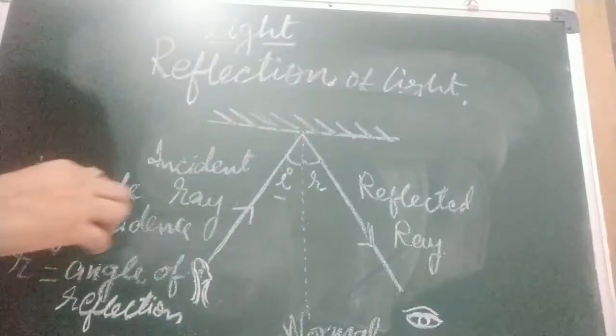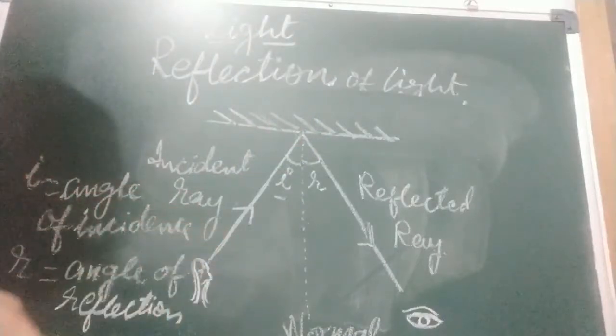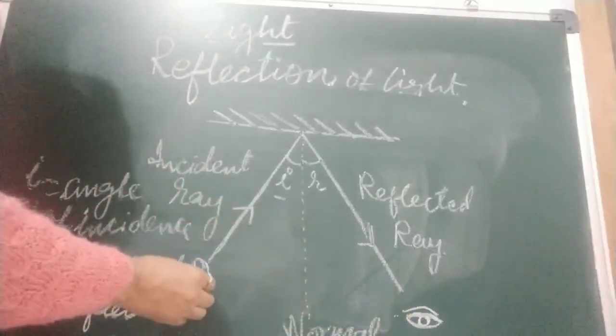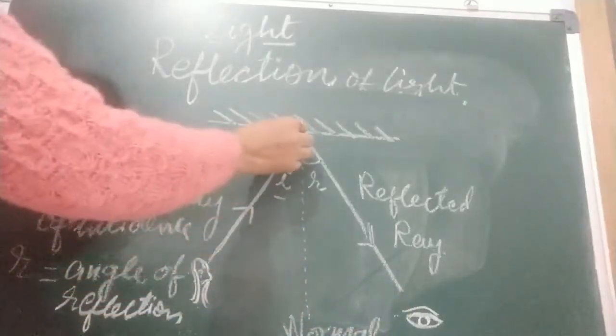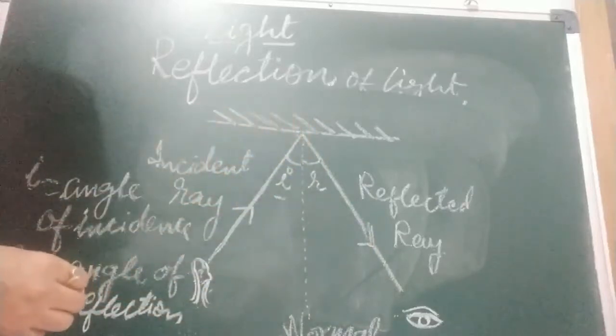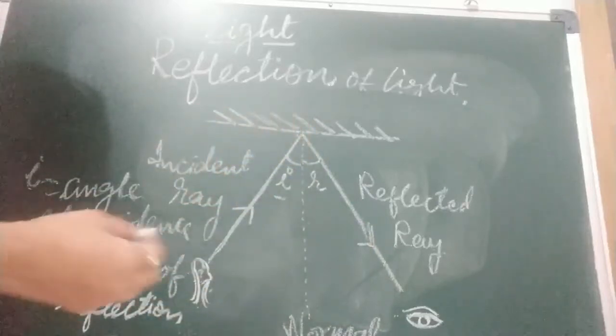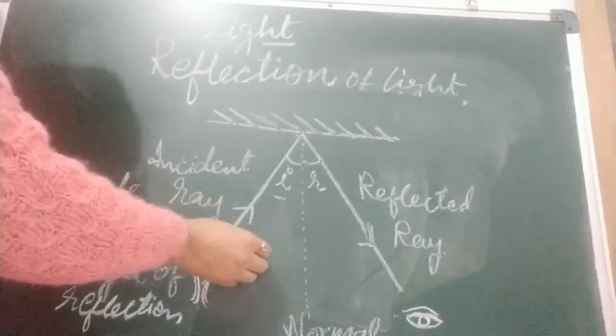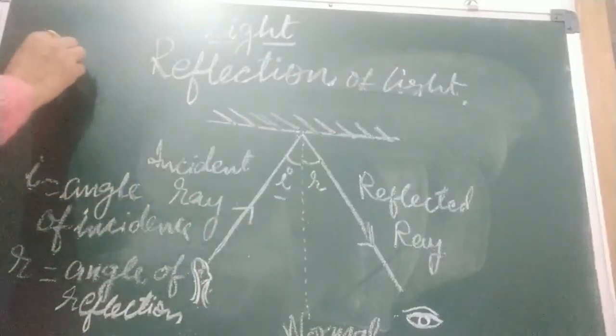Suppose this tree is hidden, you cannot see it directly, but the rays are falling on the mirror and this ray is coming to your eyes, then you are able to see the reflection in the mirror. Sometimes this happens.